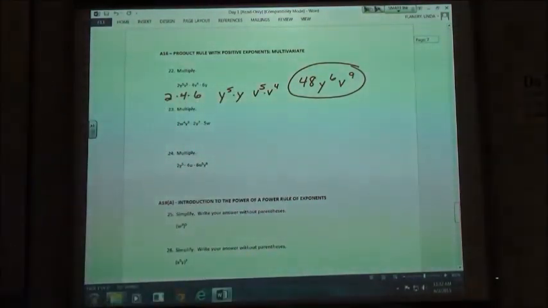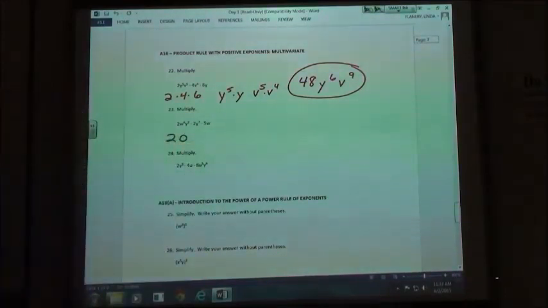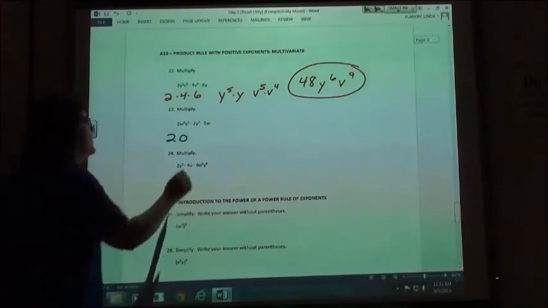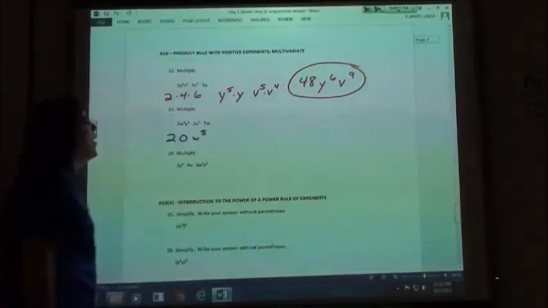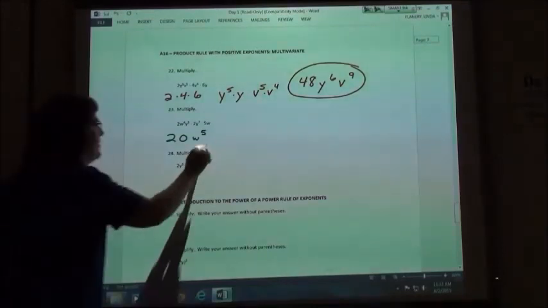So 23, if I'm going to multiply that, starting with my coefficients, 2 times 2 times 5 would give me 20. W to the fourth times w is w to the fifth, and y to the third times y to the seventh, y to the 10th.